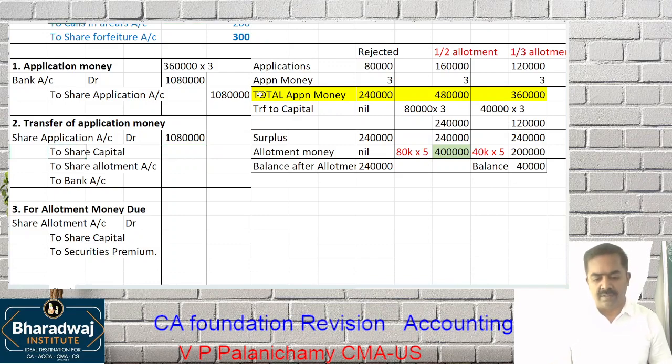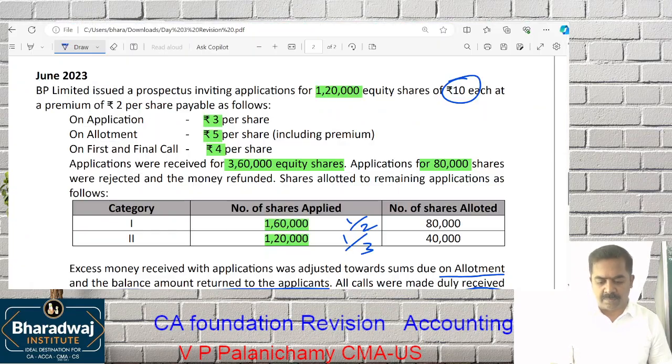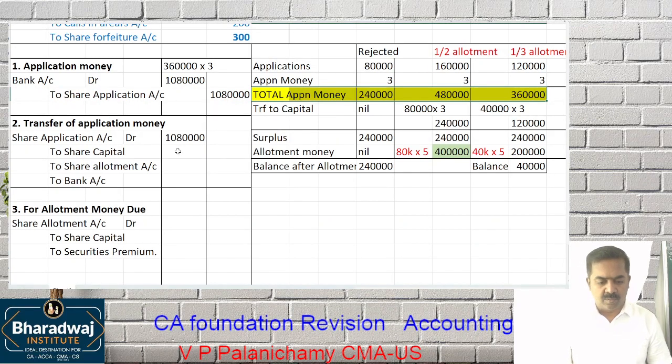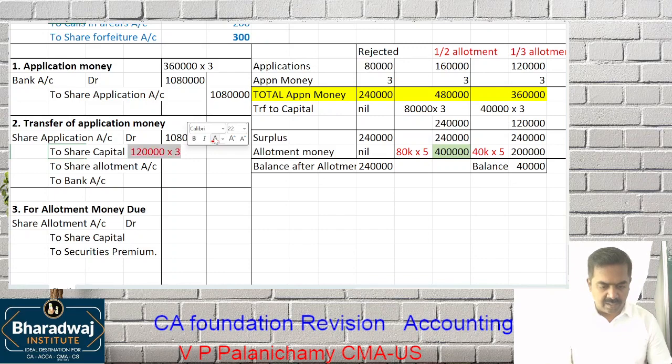To share capital, application money towards share capital, how many shares maximum can be allotted? 80,000 plus 40,000, how many shares have we allotted? 1,20,000 shares. 1,20,000 shares into what is the money amount? Application money 3 rupees. 1,20,000 into 3, 3,60,000.